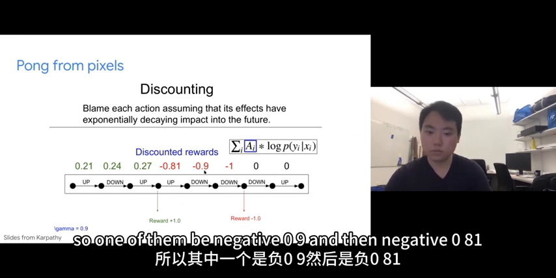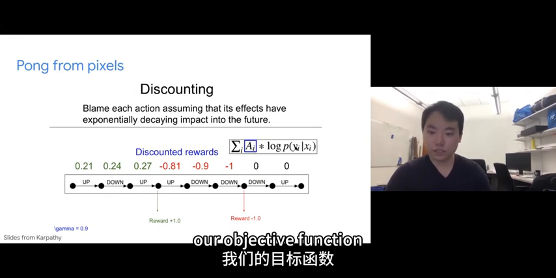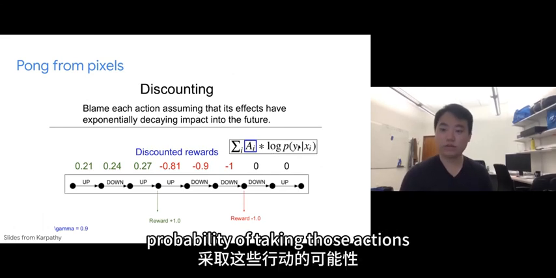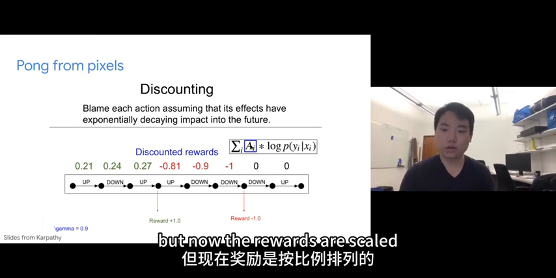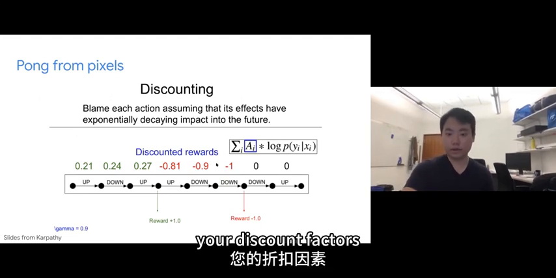So one of them will be -0.9, and then -0.81, and so on before that. This will very simply modify our objective function. Again, you're going to try to optimize the log probability of taking those actions given some states, but now the rewards are scaled either +1 or -1, scaled by your discount factors.